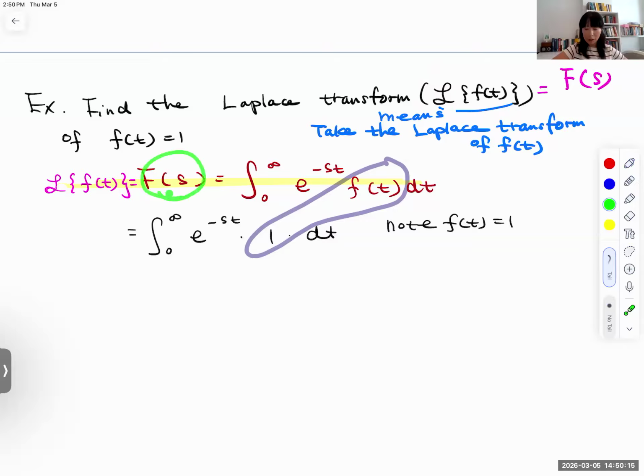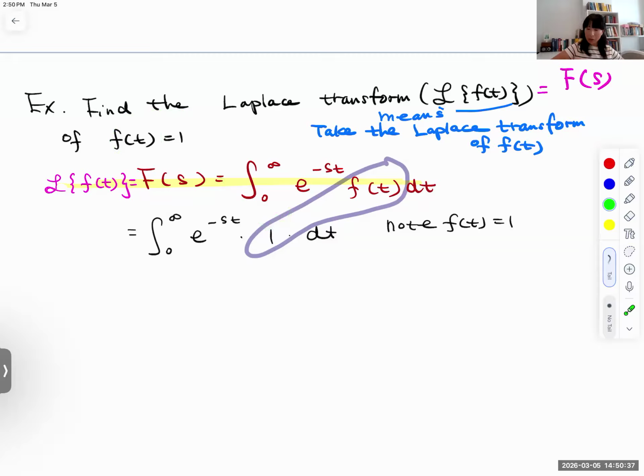Okay, now we have the form, right? So the integral from 0 to infinity of e to the negative st times f of t dt, right? All right, f of t is equal to 1, so we substitute there, right?